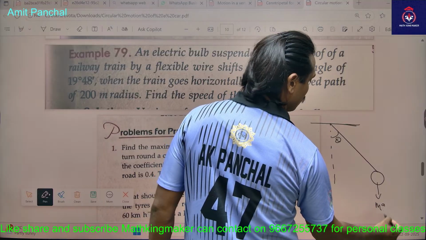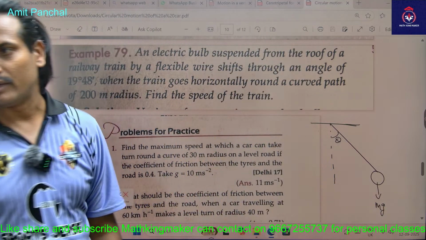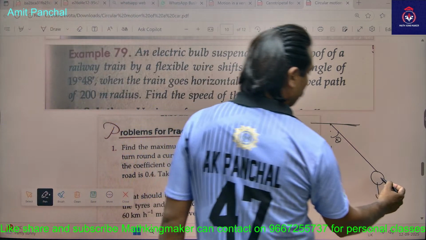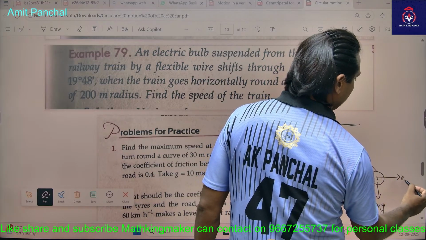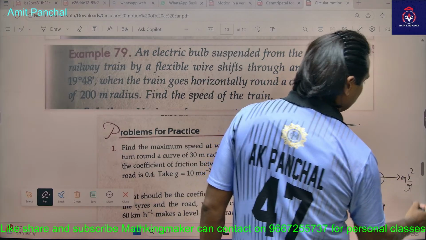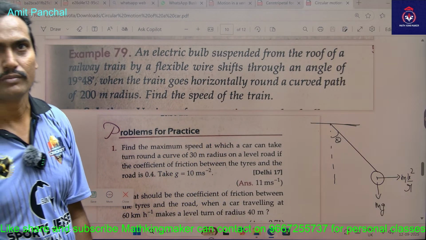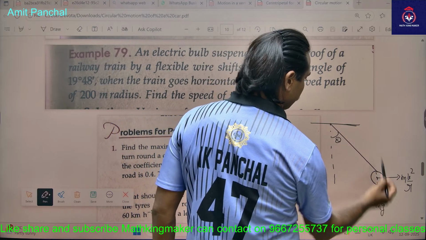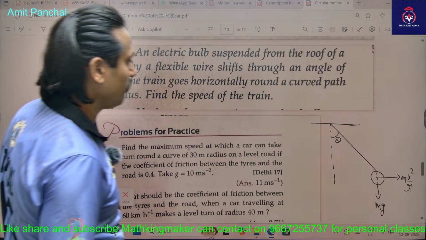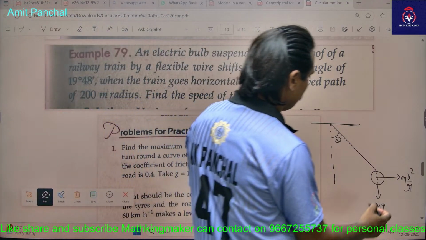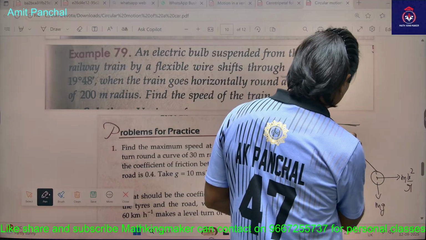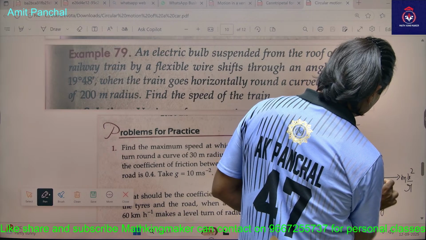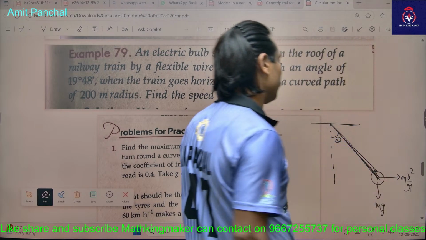mg, and as it is a rotation, mv square by r will be there. What force will balance? Tension. So just draw the diagram.